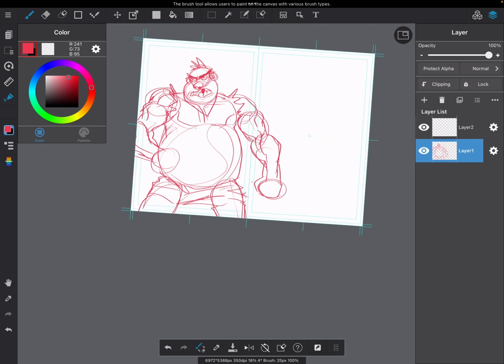So with this character, it was more circles, and that's how I wanted to put it together.